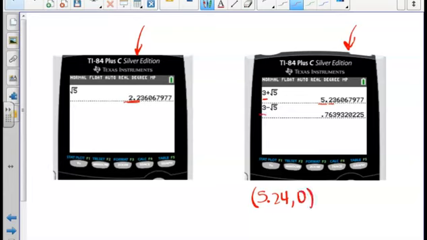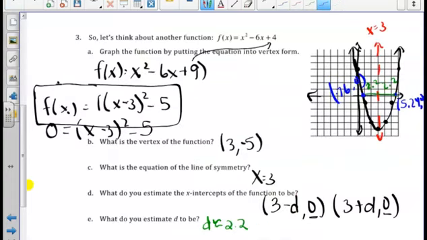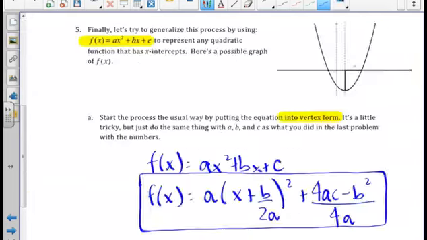If we take the axis of symmetry of 3 and subtract root 5, we should be crossing at approximately 0.76, 0. Going back to our graph to check those values, I can indeed see here in blue that this x-intercept is approximately 5.24, 0, and the other is approximately 0.76, 0. So this confirms that our axis of symmetry will always be equidistant to each of the x-intercepts.